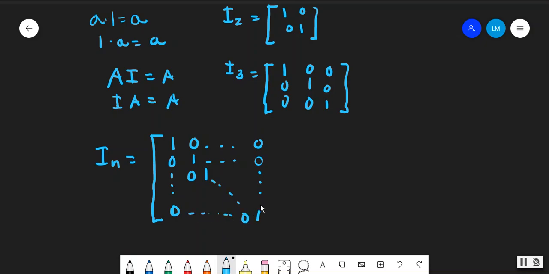That way you know that there are just ones on the diagonal and zeros on the other entries.